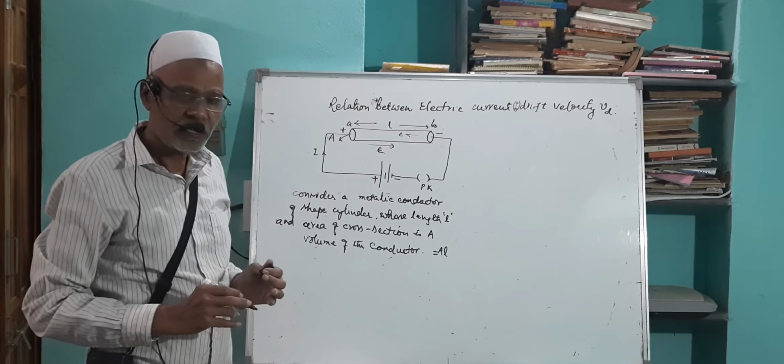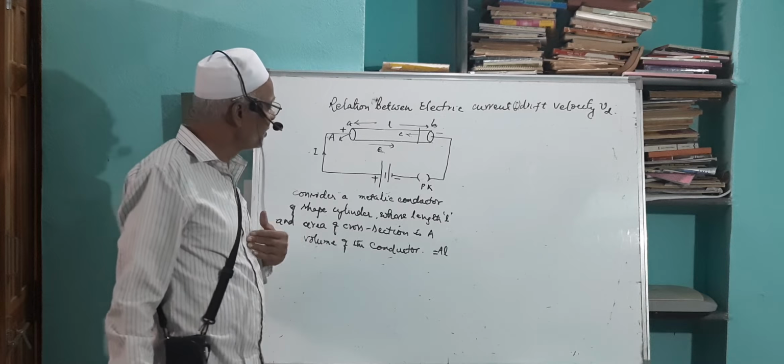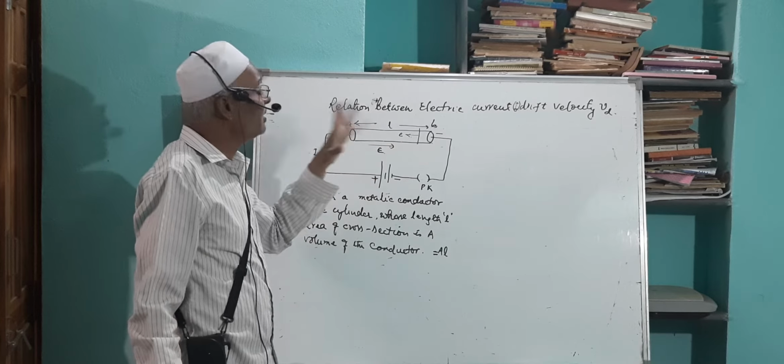Similarly, in the second segment, 10 more electrons. Third segment, 10 more electrons. So the total number of free electrons present in the conductor is 10 into 10, that is 100.